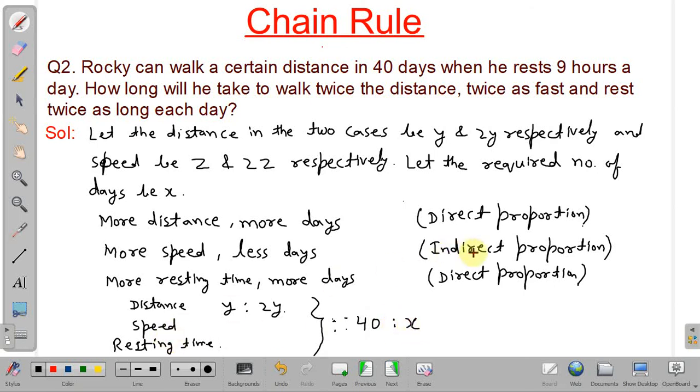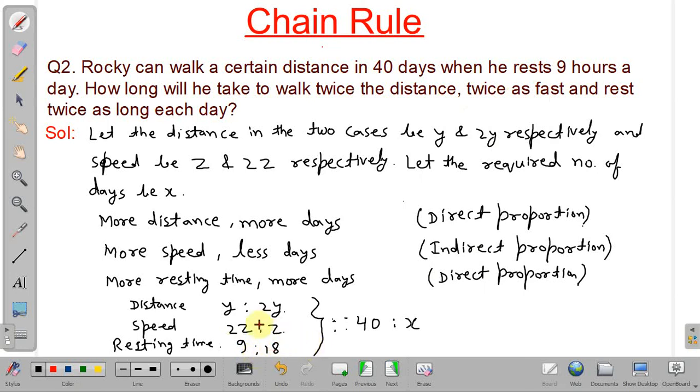For speed it is indirect proportion, and we have assumed z and 2z speed, so it will be 2z ratio z. With resting time it is direct proportion, and resting time is becoming twice. So initially 9 hours and final will be 18 hours, so 9 is to 18.